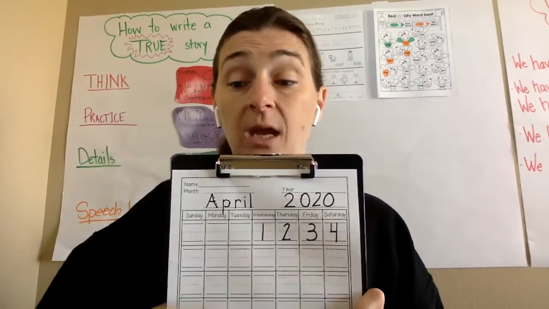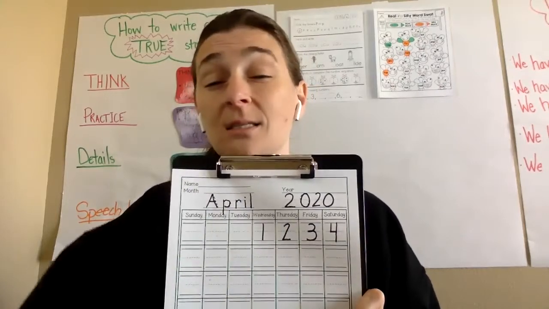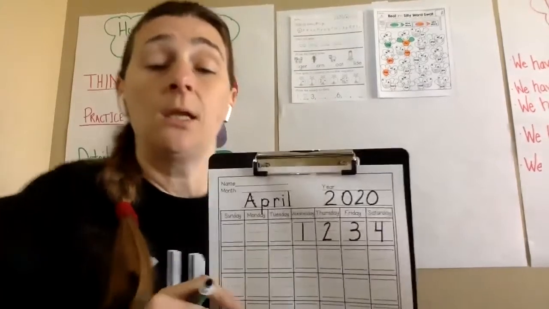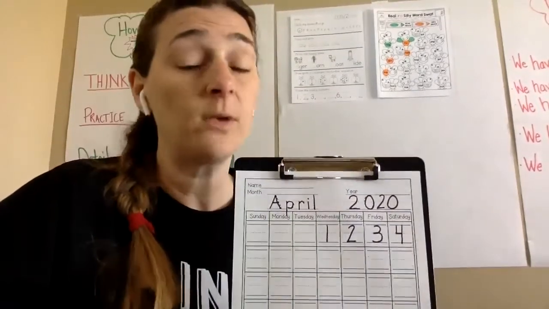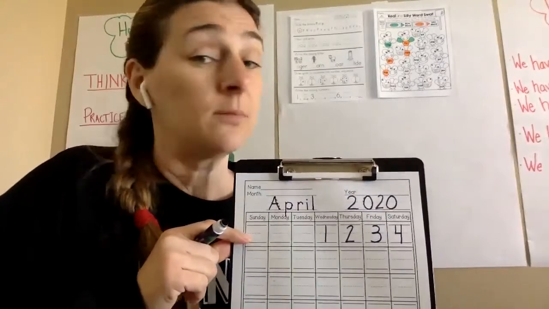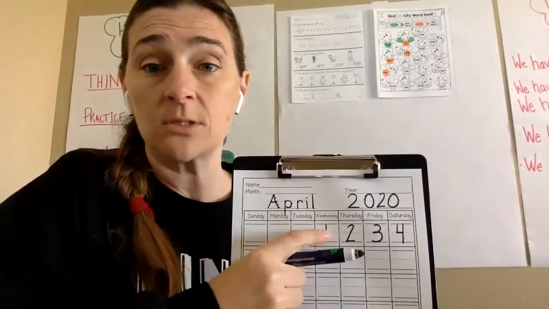Now this is where it's going to get a little tricky, and I know that we practiced this a little bit, but I really want you to make sure you watch. Now we are going to write number 5, but we can't write number 5 here, because we'd run into these numbers.